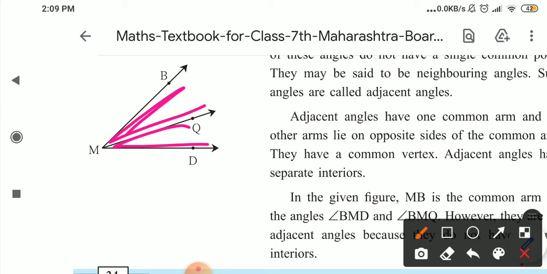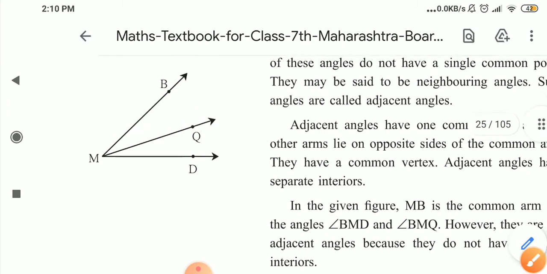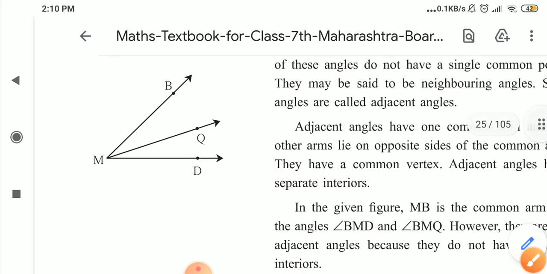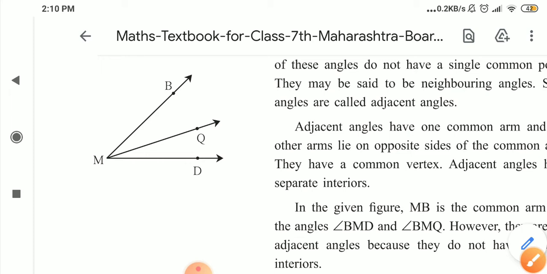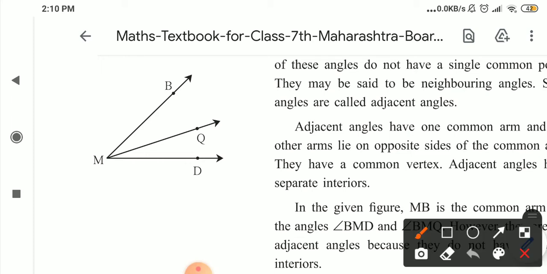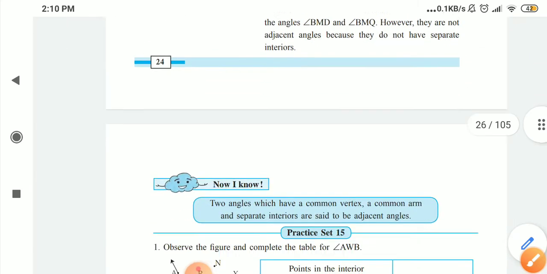That's why BMQ and BMD are not a pair of adjacent angles. Similarly, QMD and BMQ are a pair of adjacent angles.